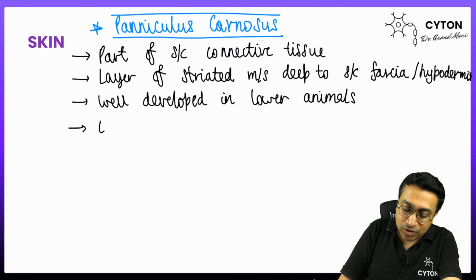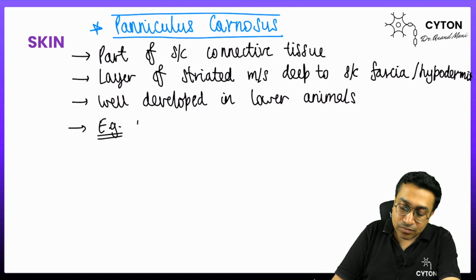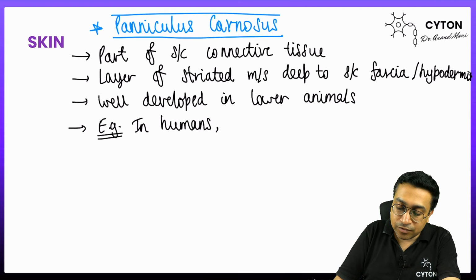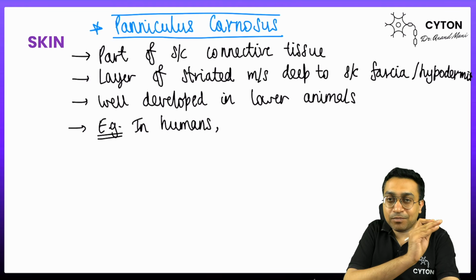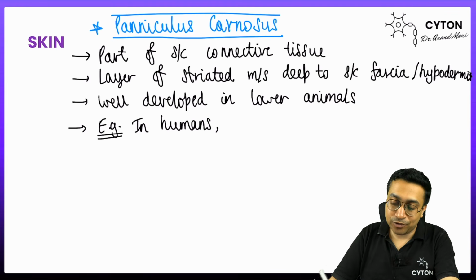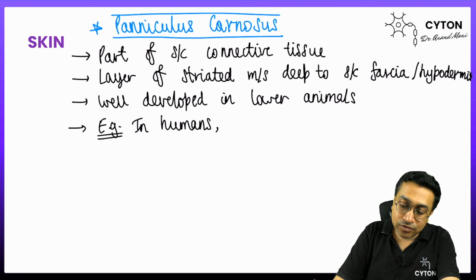A classical example in humans. We are discussing humans. अब वो टाइम चला गया botany zoology का. Now we are only focused on humans. ठीक है. So in humans, what are the classical examples which you need to remember?